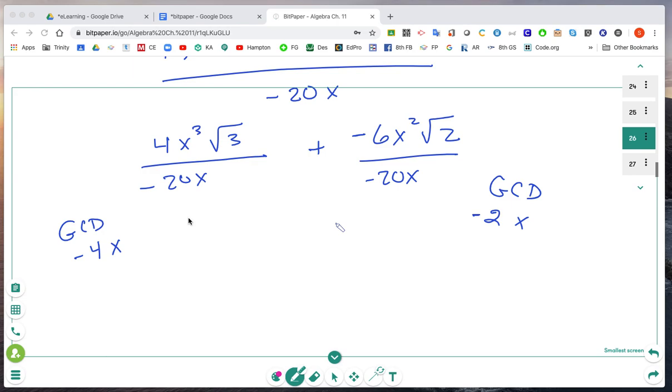So our problem is that our two GCDs don't match. So what we have to do is figure out the GCD of negative 4 and negative 2. The GCD of negative 4 and negative 2, when they don't match, is negative 2. So I'm going to take out a negative 2x.